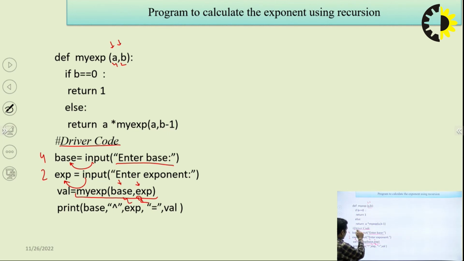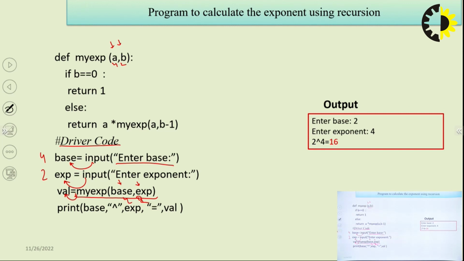After calculating the exponent, we get the value in val and we print base power exponent equals val. For example, enter base 2, enter exponent 4, and 2 power 4 equals 16. We can give any value, because this is user defined.